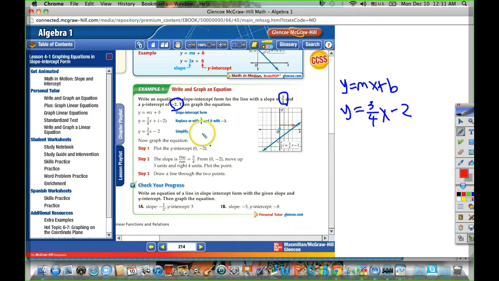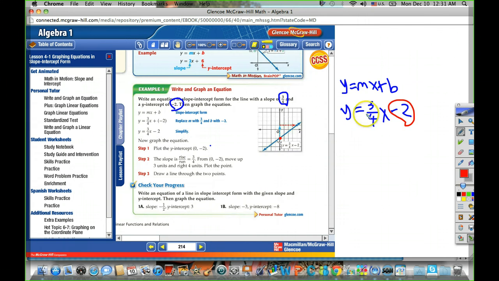When they want you to graph this equation, you're always going to start with the y-intercept. This is your starting point. In chapter 3, when we did direct variation, we always started with 0, 0. Now the difference is we have actually a y-intercept. So we're going to start at -2 on the y. Here's -1, -2. So we're going to put a point there.